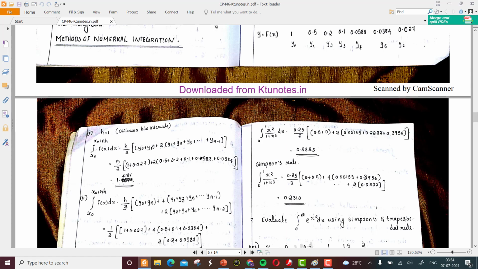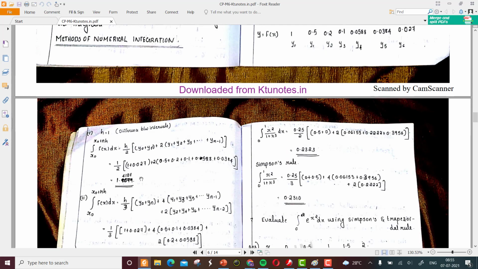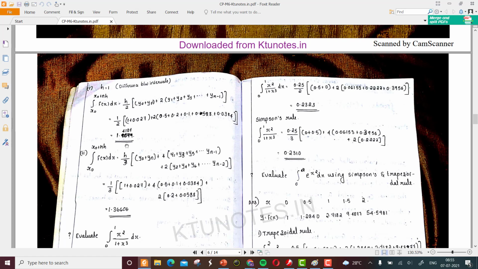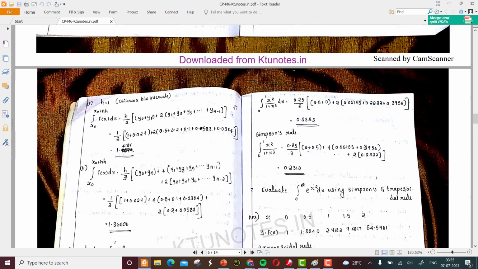So h we said is 1, so 1 by 2 into the first value, which is 1, and the last value, which is 0.027. So half into 1 plus 0.027 plus 2 into all the other y values. So that is clear to you, and you got the value as 1.4107, the integration value from 0 to 6 of 1 by 1 plus x square.